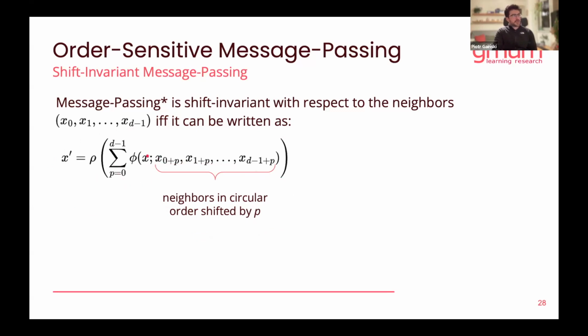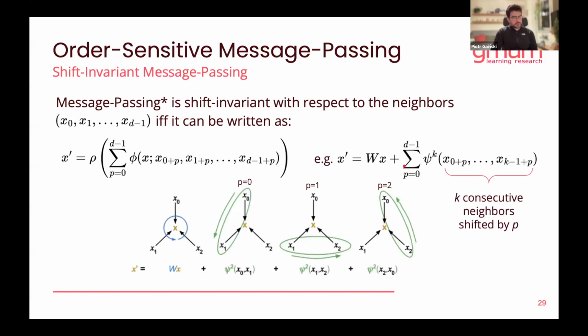Here we have an extended version of message passing where we not only take one neighbor, but we take a sequence of the neighbors in order, and those neighbors are shifted by p. Probably it's better when I show you an example.